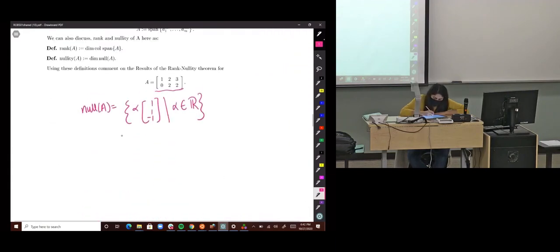So this basically means that the nullity of A will be the number of linearly independent columns in this set that we've just defined. And because this set is made up of linear combinations of just this one vector, the number of linearly independent vectors in this set is just this one vector. So we can say that the nullity of A is equal to 1.